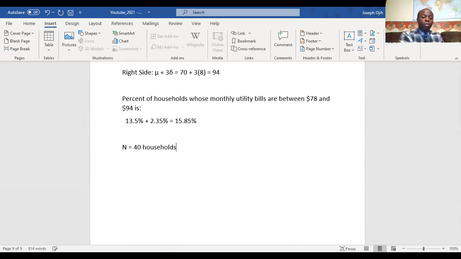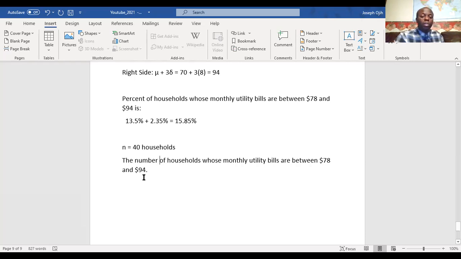So the number of households whose monthly bill is between $78 and $94 is 40 times 15.85%.